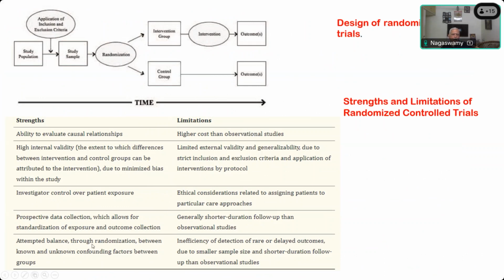And attempted balance through randomization is very good, is one of the strengths of the RCT, whereas inefficiency of detection of rare or delayed outcomes is a limitation, because you can't do a long-term observation or follow-up with the RCT. It is always a short-term, smaller trial.